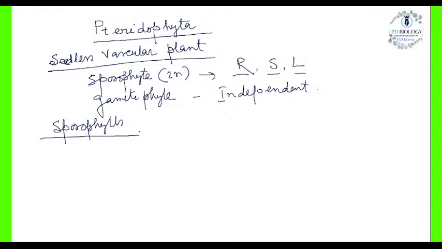Multicellular sporophyte is the dominant phase. The sporophyte is the dominant phase of pteridophyte, which produces spores.